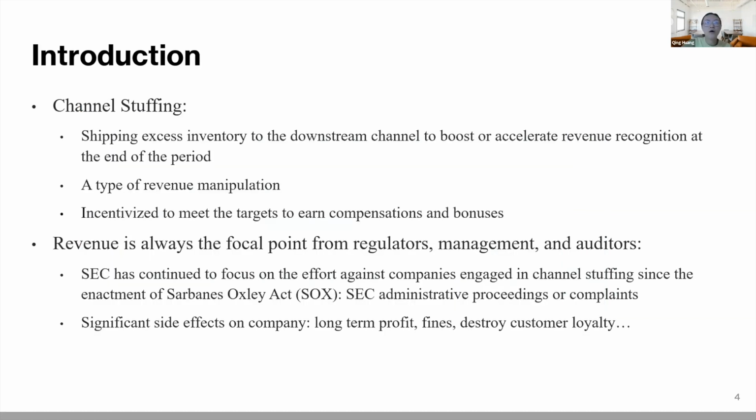And this channel stuffing also has some significant side effects on the company itself. For example, it will harm the long-term profit, destroy their customers' loyalty, or bring the company a huge amount of fines. And the auditors are also concerned about the correctness of the revenue recognition.